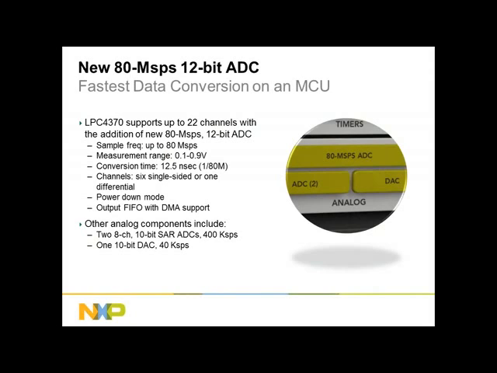Okay, the 80 megasample ADC is obviously extremely fast. What you actually have with the 80 megasample ADC is up to 6 single-ended lines or 1 differential. Now, given that you already have 2 ADCs, that brings you up to a total of 22 channels. Up to 6 of them would be 12-bit 80 meg sample, and the others would be 10-bit 400 kilosamples.